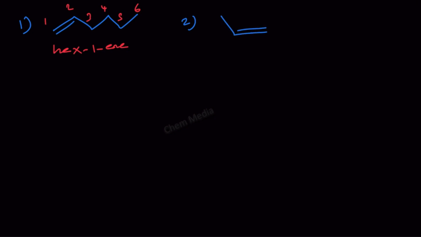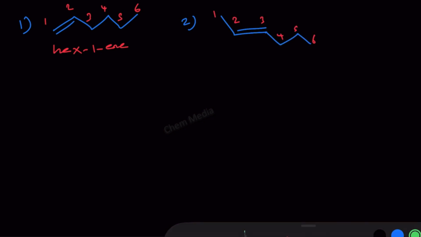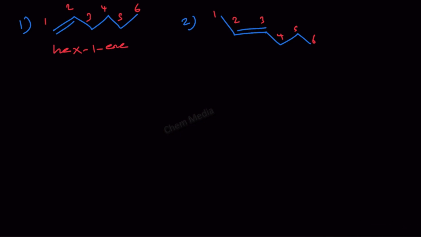In the case of E, the higher priorities should be on the opposite side. So 1, 2, 3 and then 4 and then 5 and then 6. As per the Cahn-Ingold-Prelog rules, carbon would get the high priority and we do have a hydrogen here that would get the least priority.